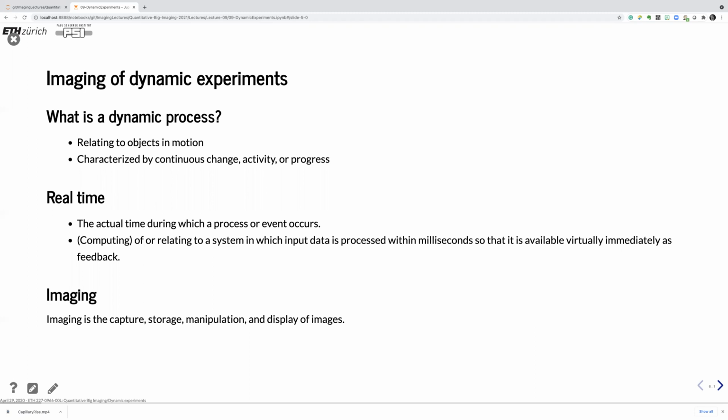You should be able to acquire the data at the rate you need it for to be able to study your process. And of course, it's not only about capturing, because that's the easy part. Well, that's one part of it, capture and display. But the other one is being able to store the data as well during the experiment.